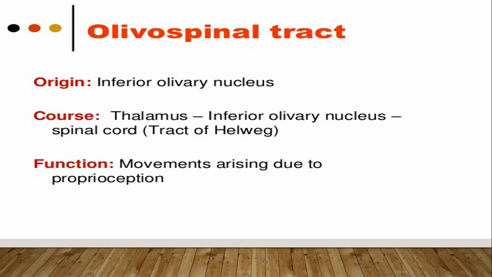There is also the rubrospinal tract, which is also under the lateral system. Under the medial system there are the pontine and medullary reticulospinal tracts, the lateral and medial vestibulospinal tracts, and the tectospinal tract.